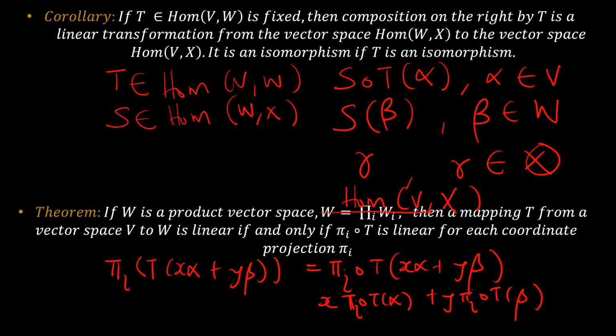I would have loved to do that. And then what this means for us is that we can actually pull pi out, and we say that this is x T alpha plus y T beta.